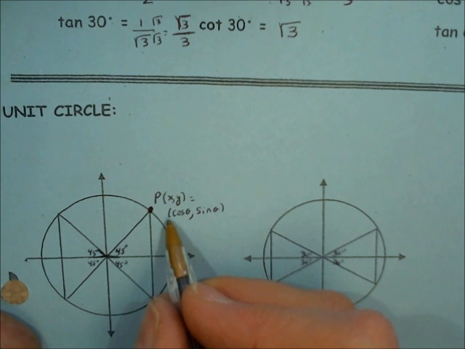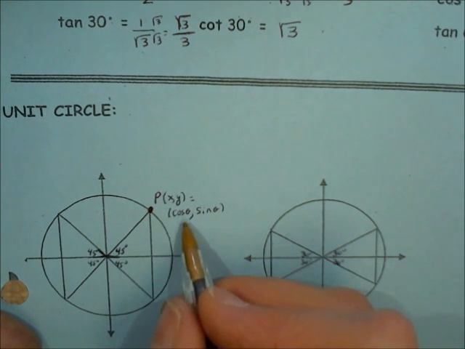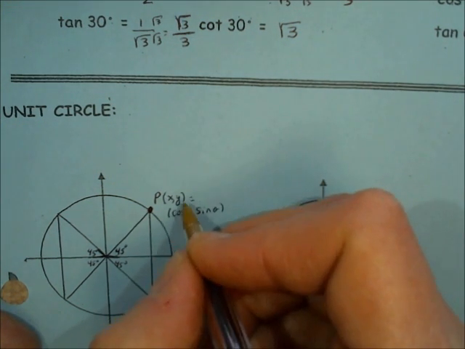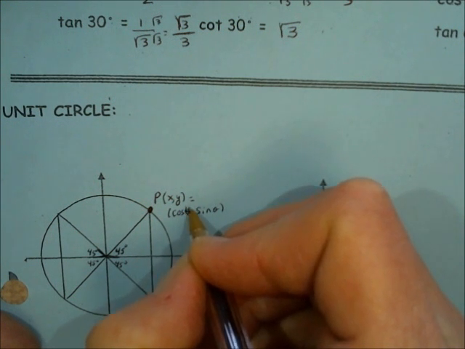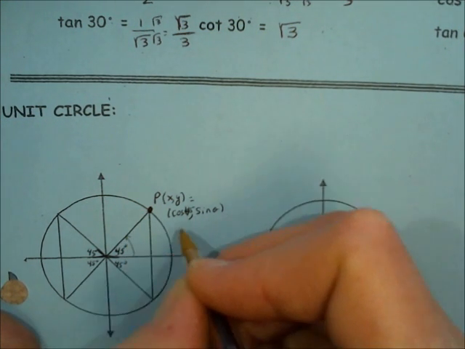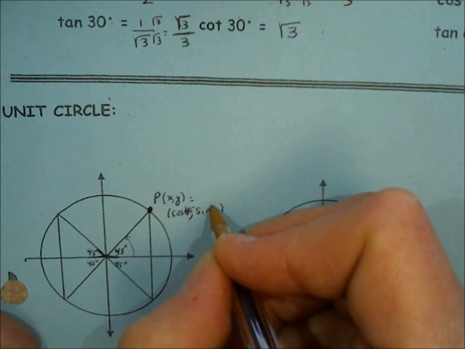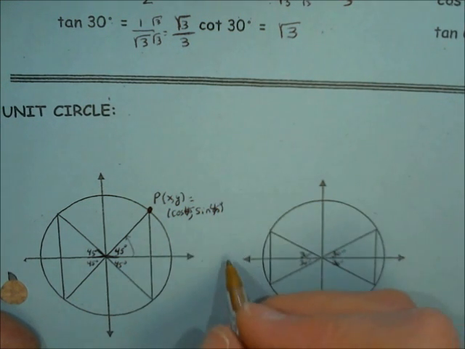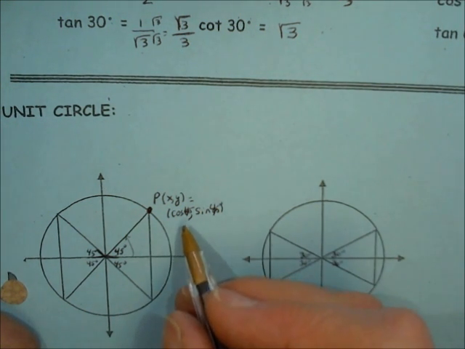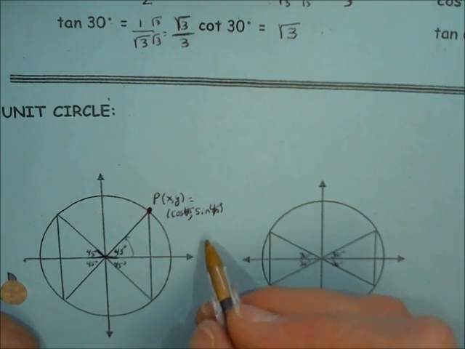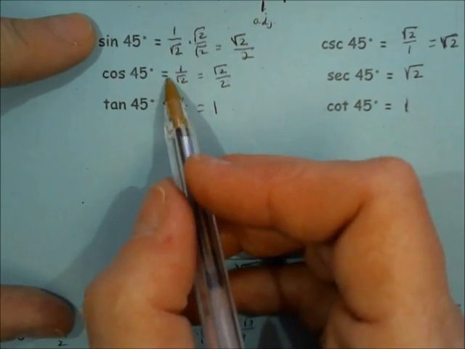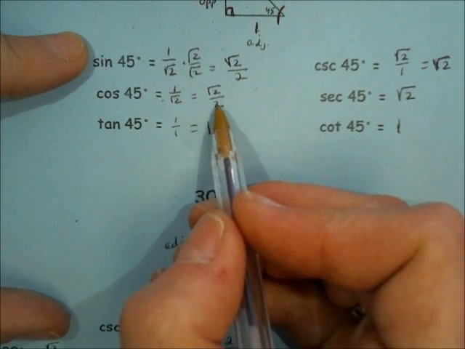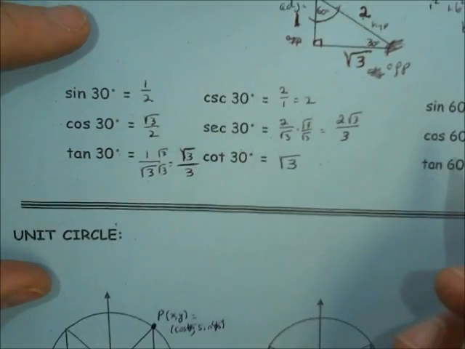So this point P, which is xy, is equal to the cosine of, not theta now, we have a 45-degree angle that we've actually figured out, or I've told you this is 45 degrees. So this theta really is 45 degrees. And we've already calculated the cosine of 45 degrees up here. It's the square root of 2 over 2, and so is the sine of 45 degrees.